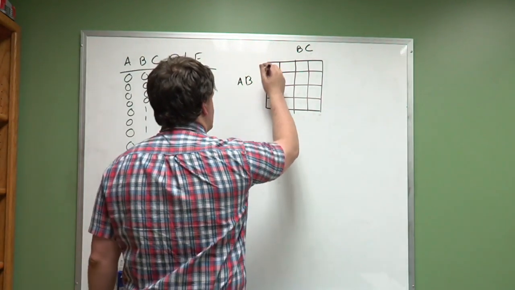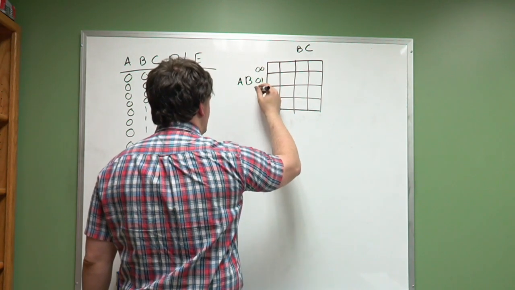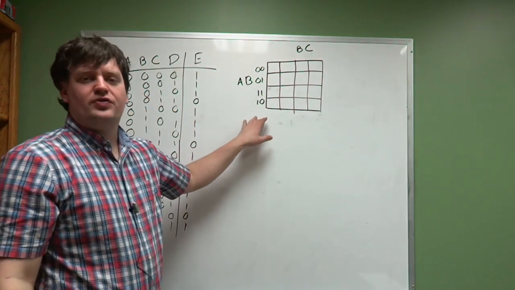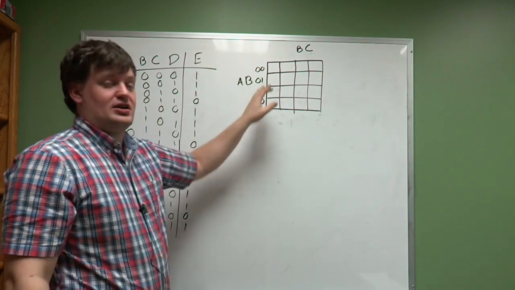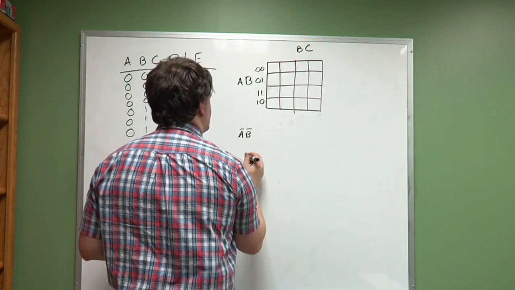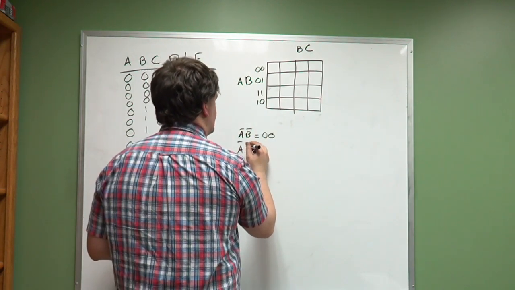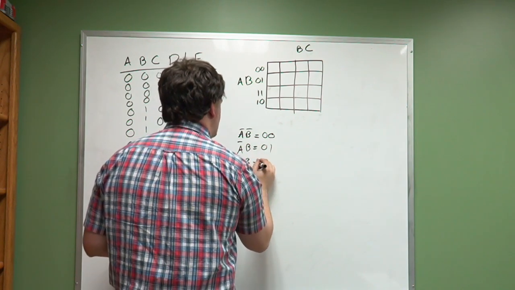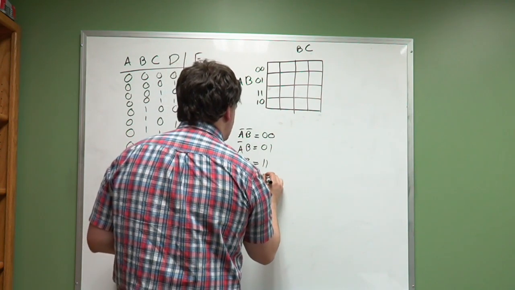Here, AB is represented by 0 0, 0 1, 1 1, 1 0. Once again, we're following the same number categorization that we have here. Okay, 0 0 represents A naught B naught, and then A naught B, 1 1 is A B, and 1 0 is A B naught.